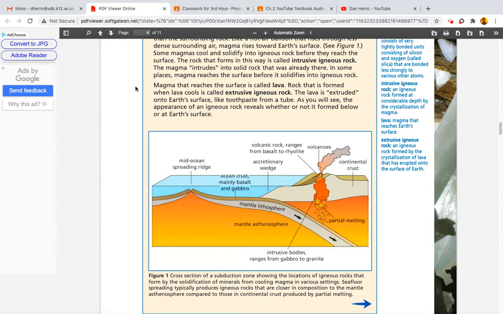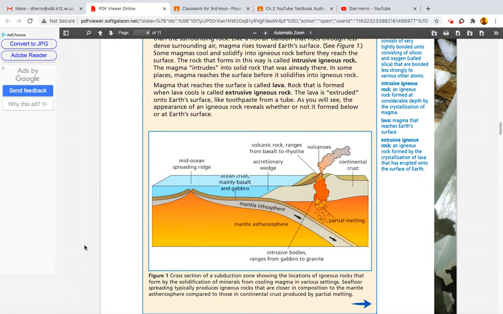Rock that is formed when lava cools is called extrusive igneous rock. The lava is extruded onto Earth's surface like toothpaste from a tube. As you will see, the appearance of an igneous rock reveals whether it was formed below or at Earth's surface.